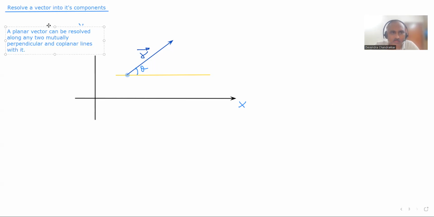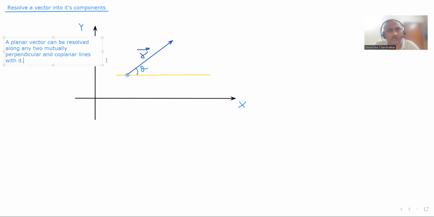Do you understand what I am writing here? A planar vector can be resolved along any two mutually perpendicular and coplanar lines with it. So if this vector r is lying in the xy plane, how many mutually perpendicular lines are here in this plane? Please tell your answers.